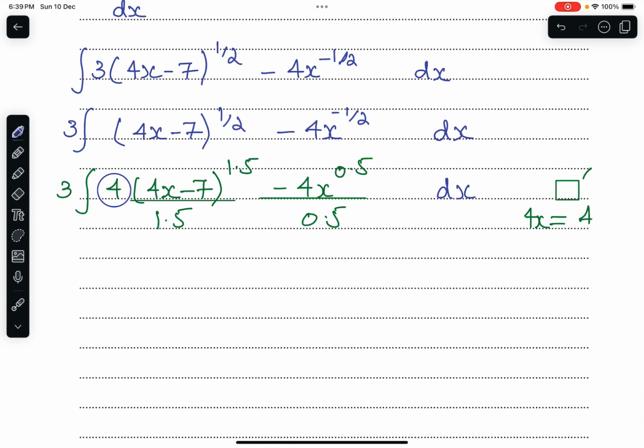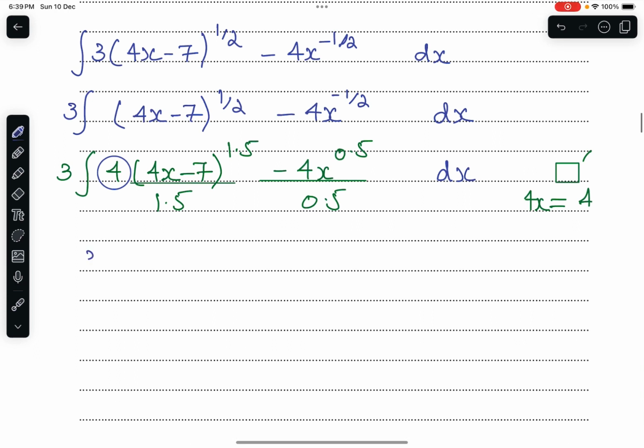So in order to cancel this 4 out, I'm going to write it like this: 1 over 4, and then the symbol of integration. If you see, 4 times (4x minus 7) to the 0.5 over 1.5.